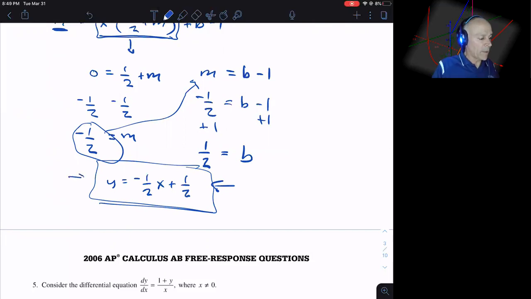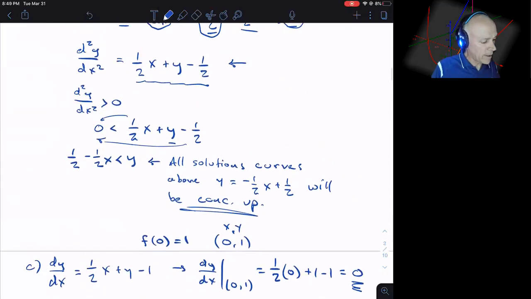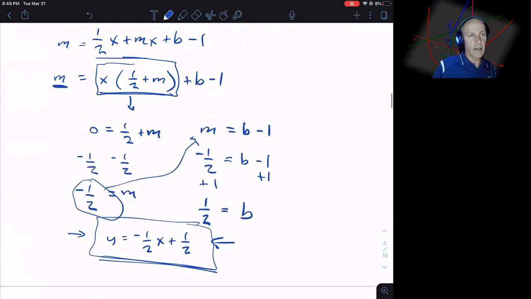We would have recognized that from part B. See this equation right here? Look familiar? There it is. If we had seen that and made that connection, we could have saved a lot of time and gone straight to that part. But I wanted to show you guys the long way. Hope that helps. Thanks, guys. Have a good one.